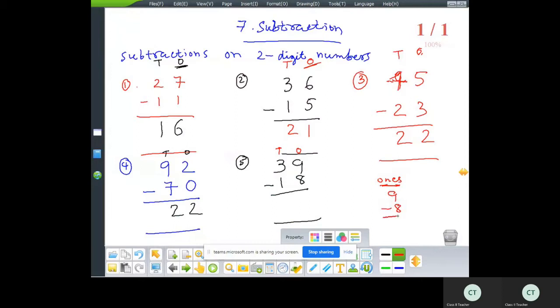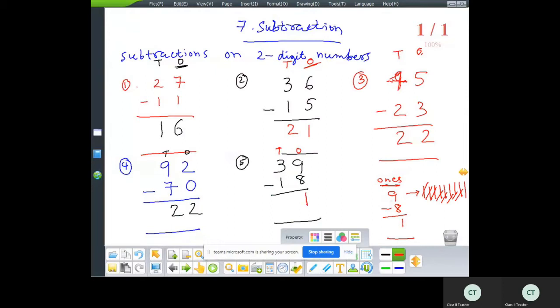It means 8 is subtracting from 9. From 9 we subtract 8. 9 means draw 9 lines. From 9 we remove 8 lines. We are removing 8 lines from 9. There is only one line. 9 minus 8 is equal to 1.